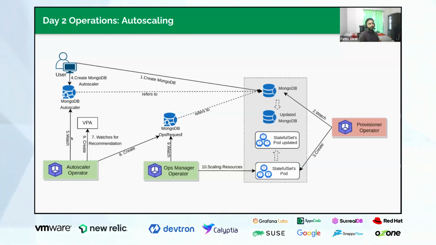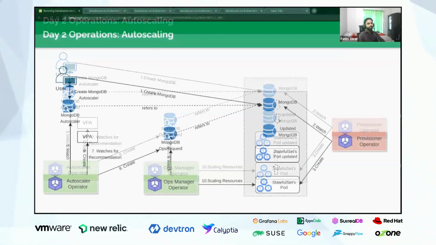Then the autoscaler actually creates a MongoDB ops request in the background to autoscale the database. It monitors the database using the MongoDB autoscaler, and it gets some recommendation that the database CPU needs to be this, database memory needs to be this. So finally, when all of this matches, it applies those using a MongoDB ops request. Finally, the database gets autoscaled.